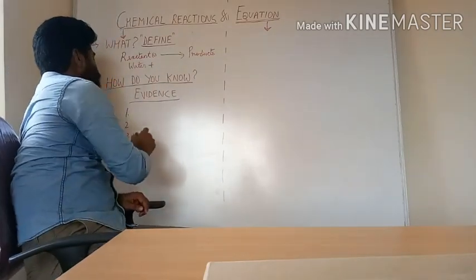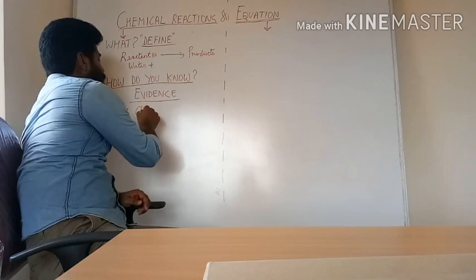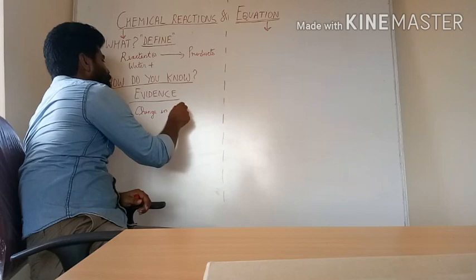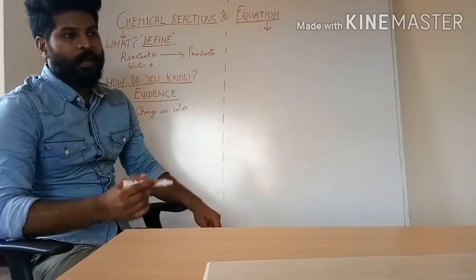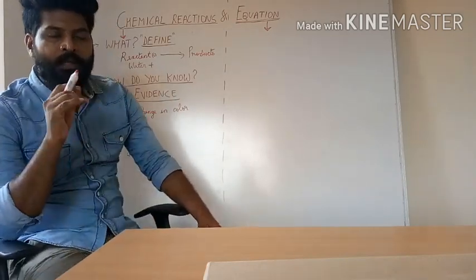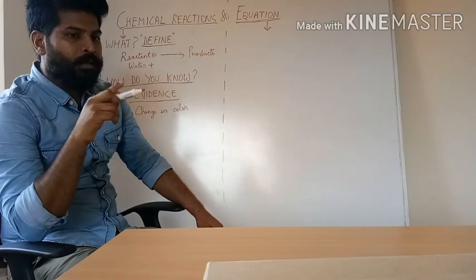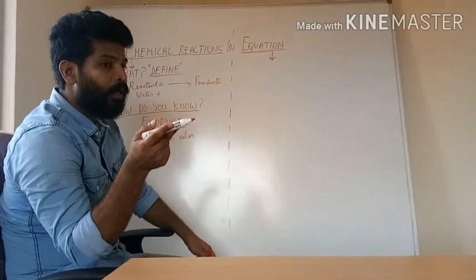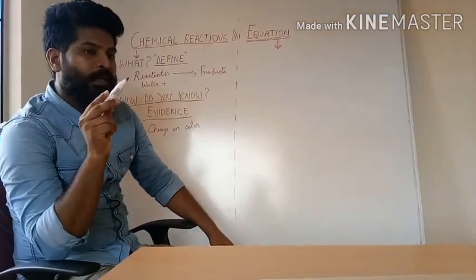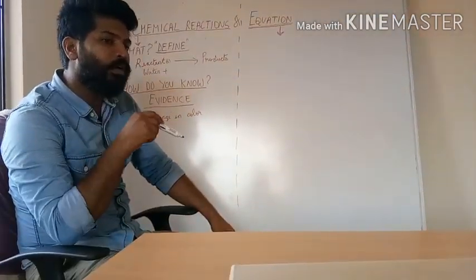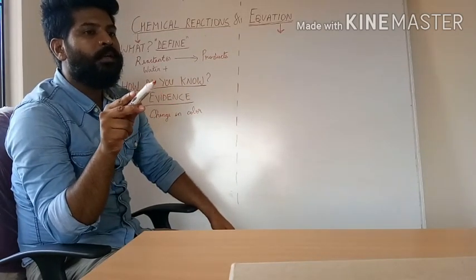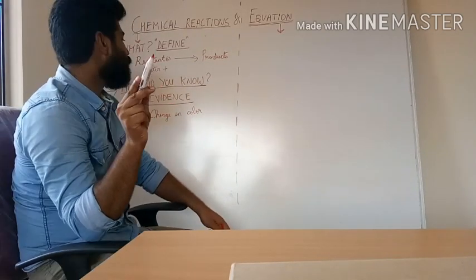So, first evidence is there is a change in color, isn't it? Change in color. As you saw at the beginning, it was colorless. As the reaction progressed, it turned into pink color. So, if there is a change in color observed during the reaction, it is an indication that a chemical reaction has taken place.